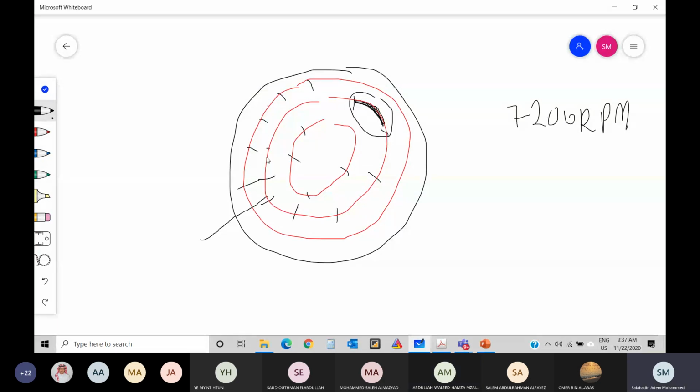I don't want this part. So I have to wait until this one comes under the head. And the third movement is the movement when I am really reading the actual data. Okay, I have reached the sector that I want. Either I am reading from that or I am reading that one. I am doing something important. So there are 3 movements.